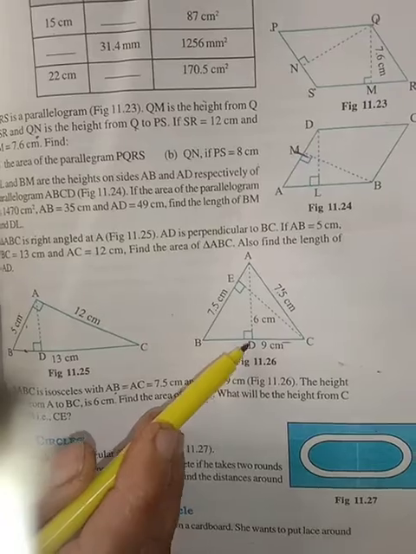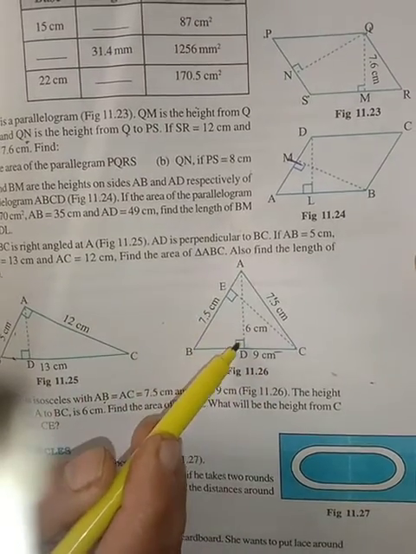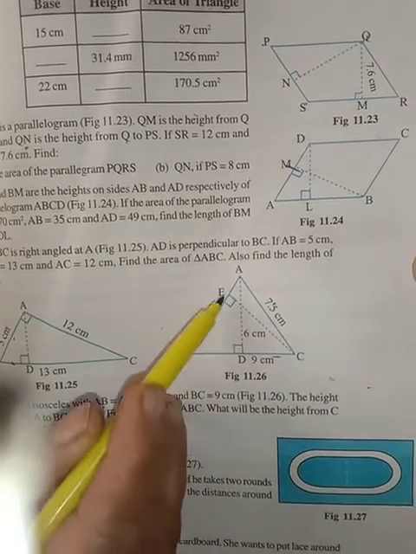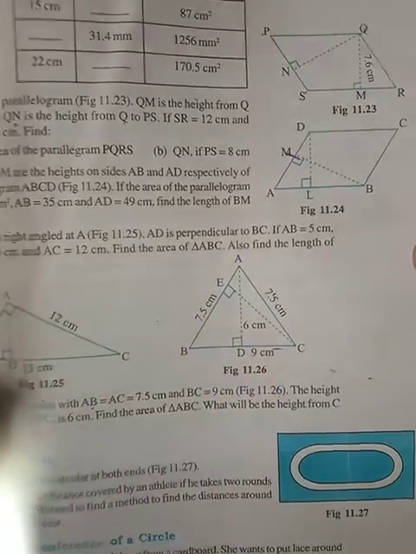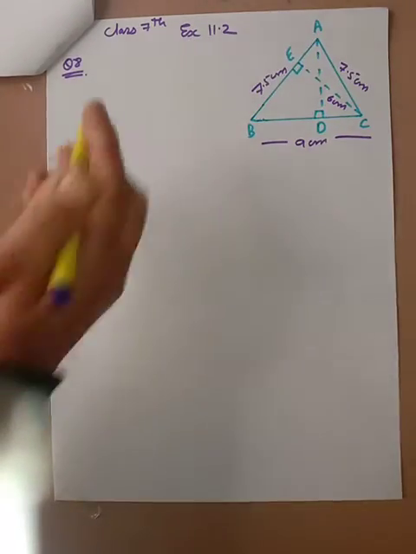First I will take this base and this height. I will find the area of the triangle first, then I will find the height on AB. Now what is given?